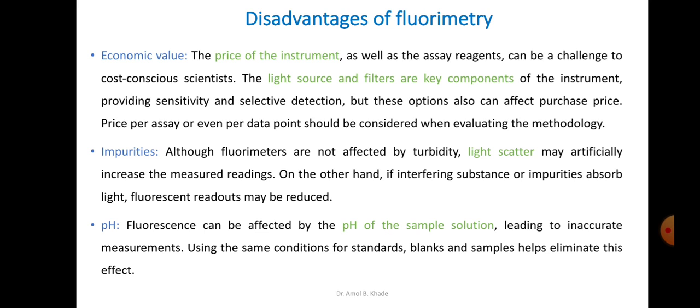So this fluorescence can be affected by the pH of the sample solution, and this will lead to inaccurate measurement in the method. So using similar conditions, maintaining the pH which is desirable for the readings, right, we can maintain that pH by using buffer solutions or adjusting the pH of the sample solution appropriately.